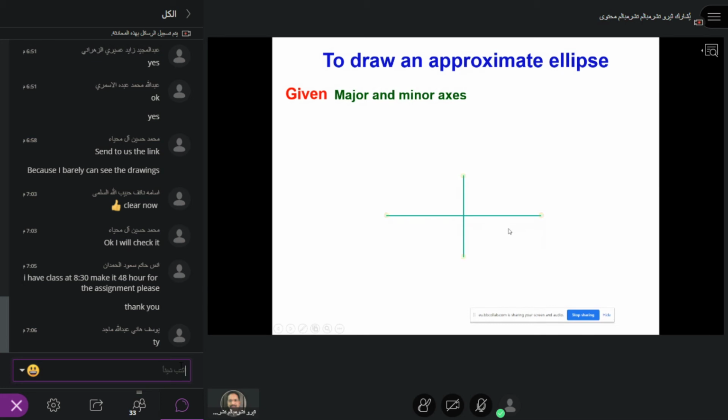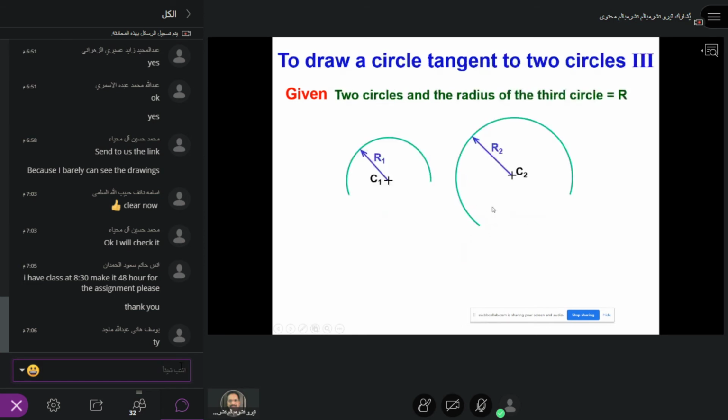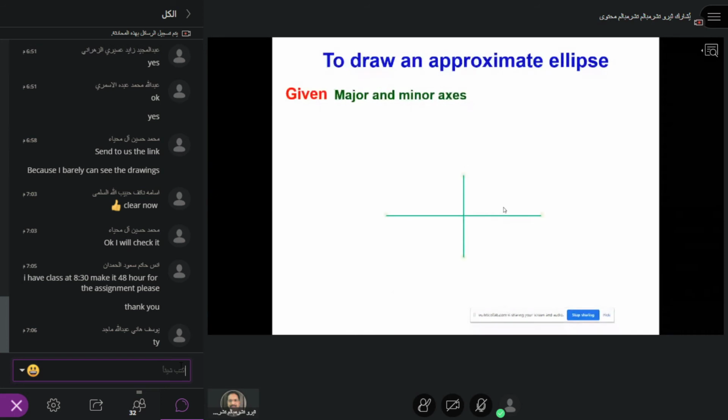Now for an ellipse, there are two diameters that will be given, the smaller and the bigger. We call them the major and minor axis. For an ellipse, you have a major axis on the x and a minor axis on the y.